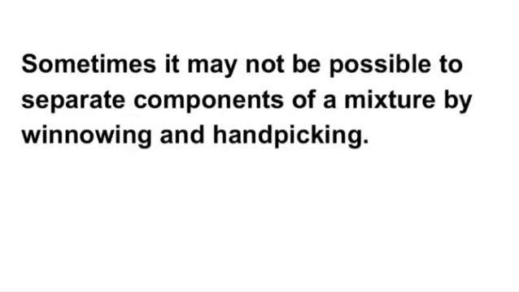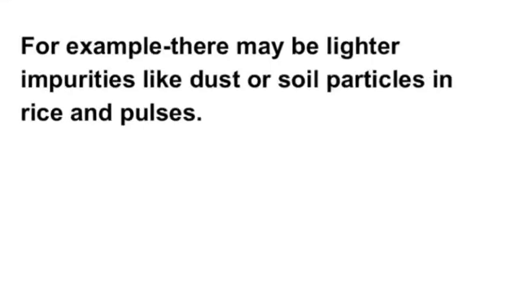So children, sometimes it may not be possible to separate components of a mixture by winnowing and hand picking. For example, there may be lighter impurities like dust or soil particles in rice and pulses.